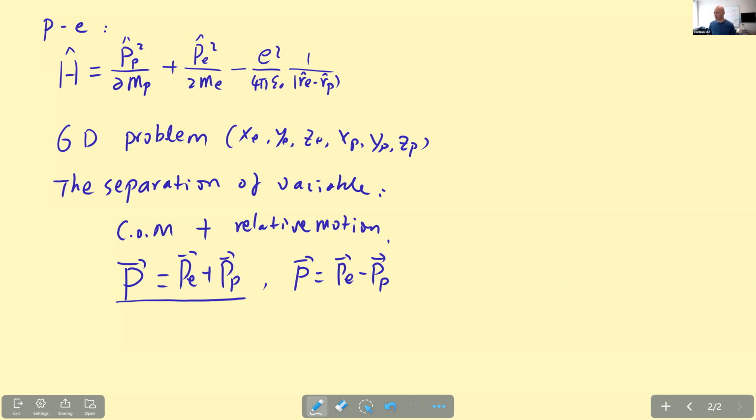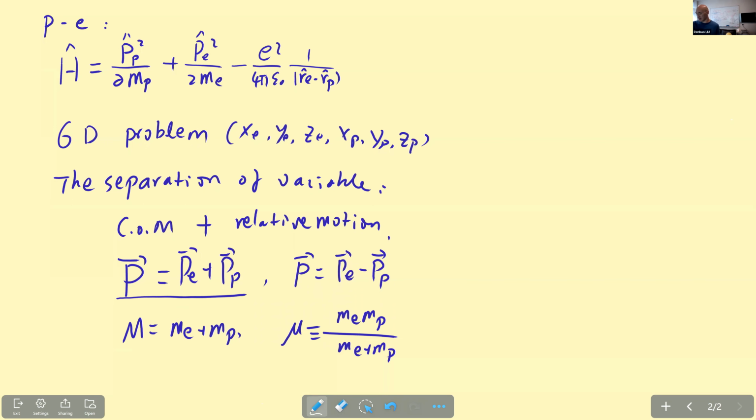So this should be the center of mass and the relative motion. Okay. And the total mass, of course, is just ME plus MP. And the reduced mass, we can say this is ME times MP divided by ME plus MP, right? And then we can write down this Hamiltonian.